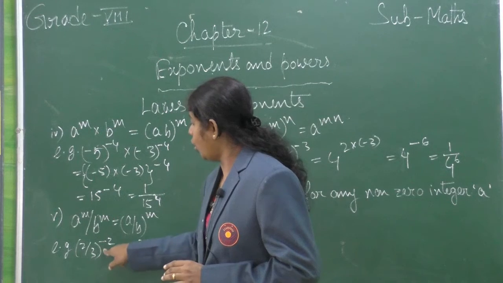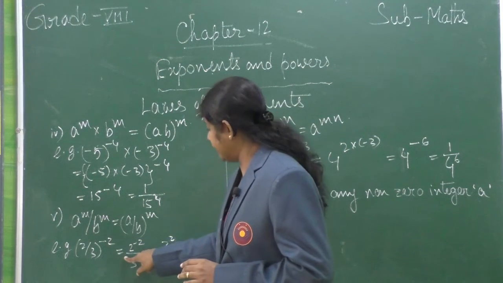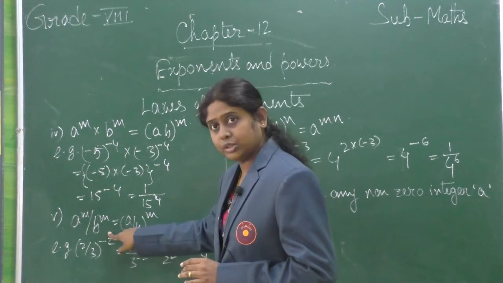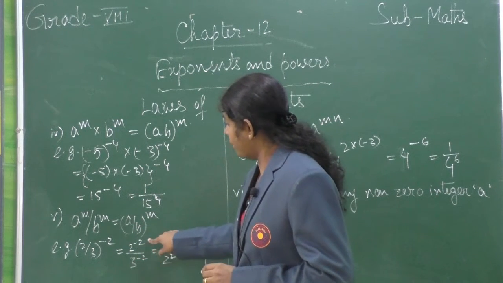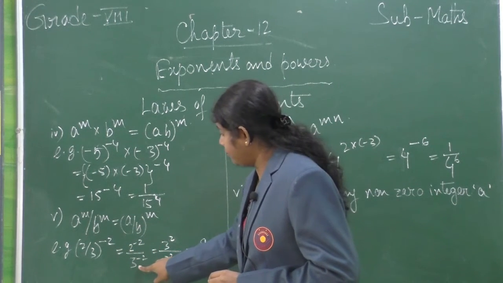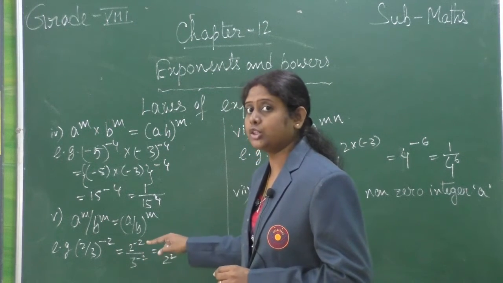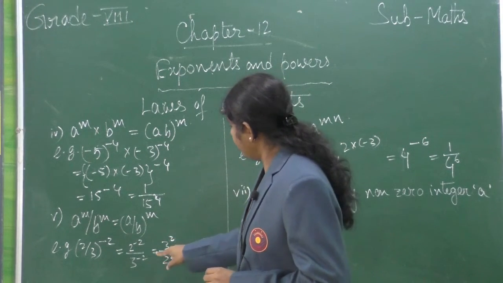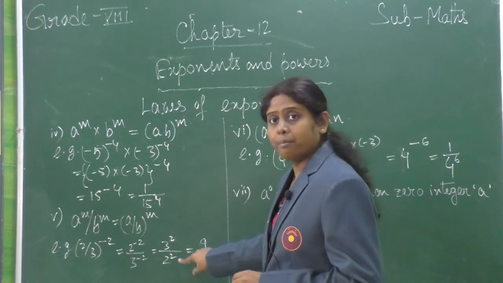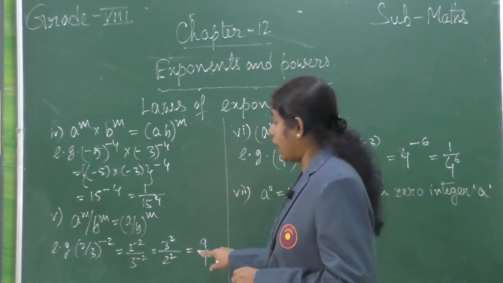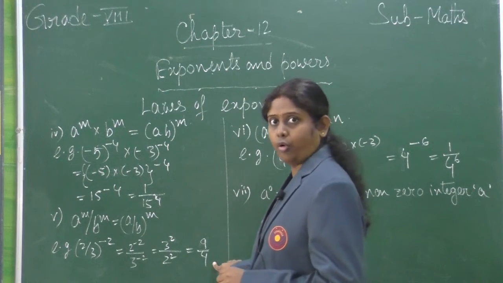So 2 by 3 whole to the power minus 2 is equal to, we can break it by using this formula, 2 to the power minus 2 divided by 3 to the power minus 2. Take the reciprocal and change to positive exponent, then we will get 3 square by 2 square, which gives you the answer 9 by 4.